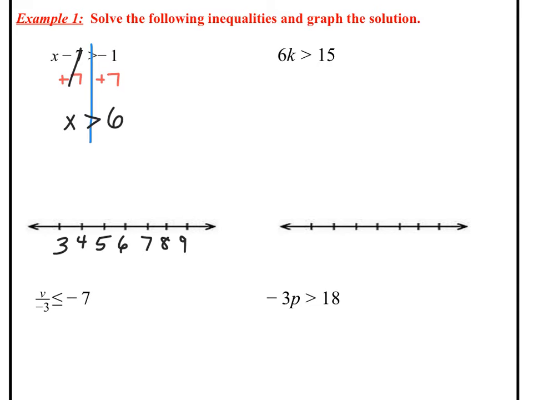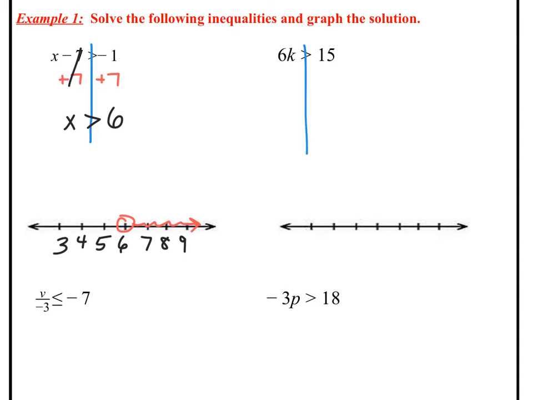I will have an open circle at 6, and greater than goes to the right because the numbers get bigger that way. If you want to put it on the actual number line, then it would look like this. Open circle on the number line, and then I usually do squiggly, so to the right, because it is greater than 6.